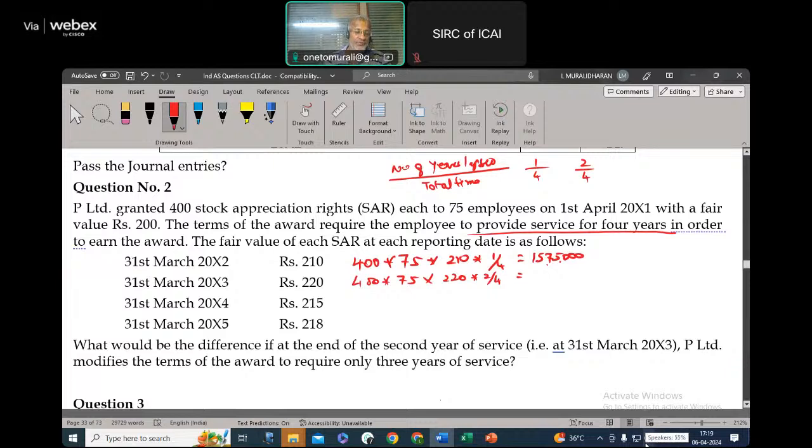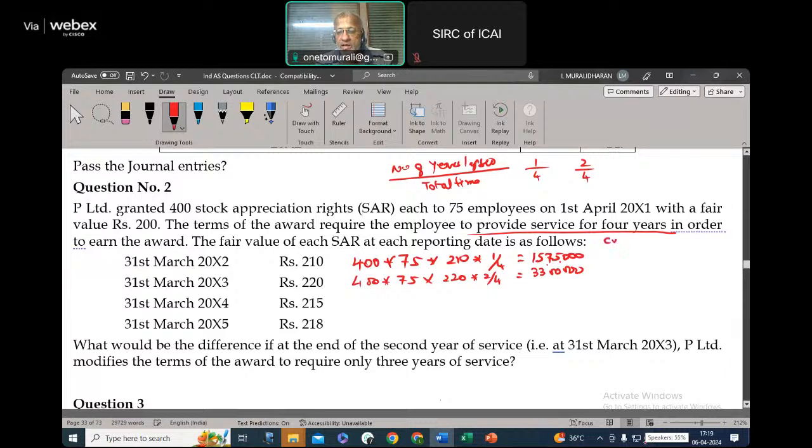So it is 400 into 75 into 220, all that works out to 33 lakhs. And how much is the expenditure for the second year alone?